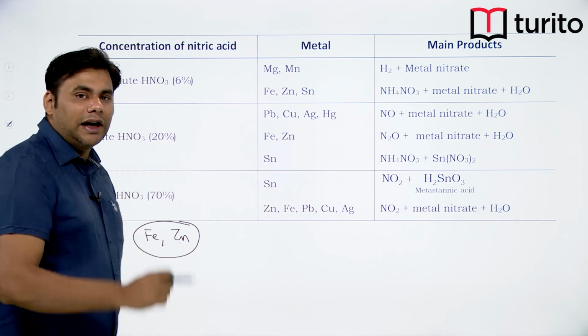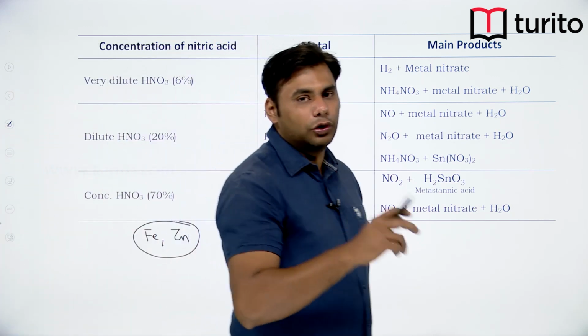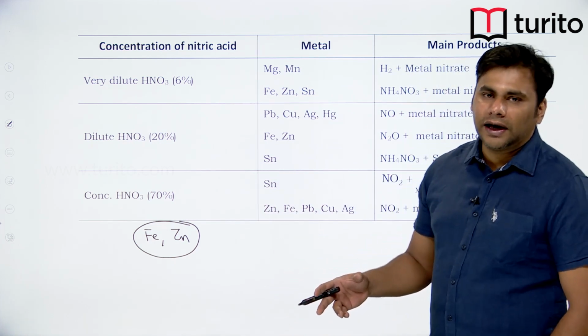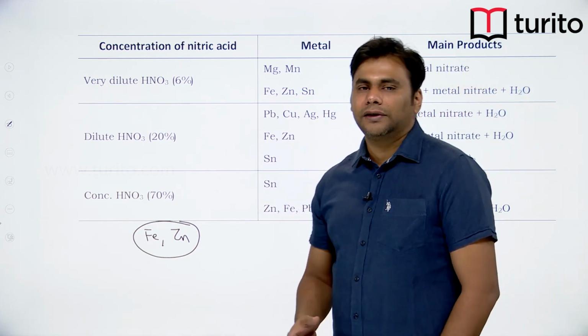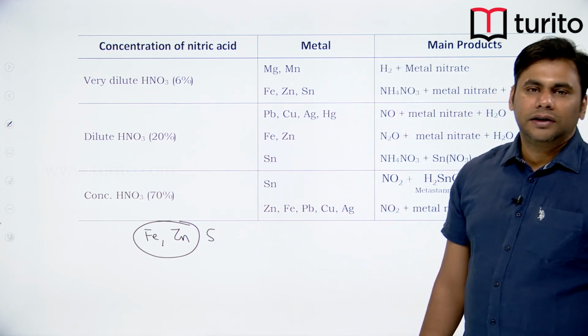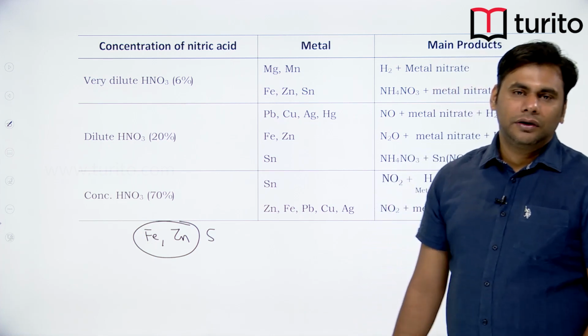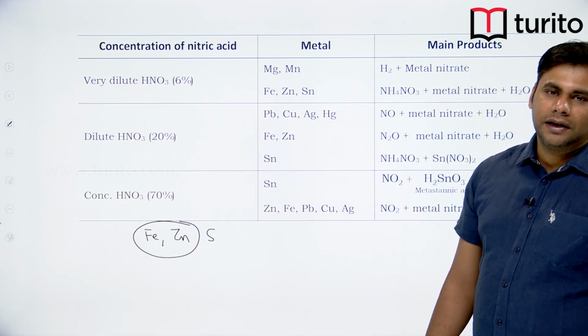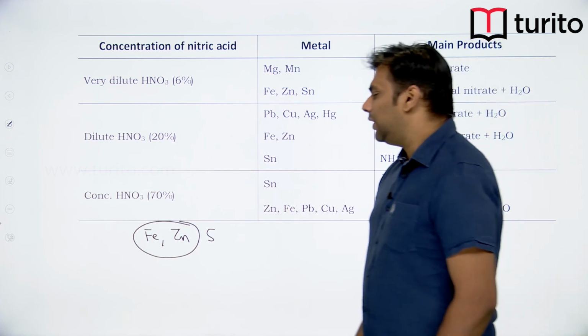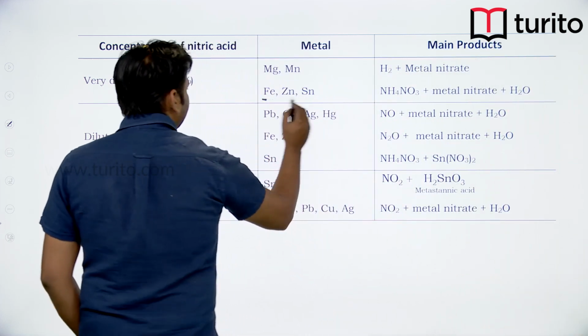Zinc on reaction with very dilute HNO3 gives ammonium nitrate, with dilute nitric acid N2O, with conc nitric acid NO2. Tin also on reaction with very dilute HNO3 gives us tin nitrate plus NH4NO3. Hope this is remembered.